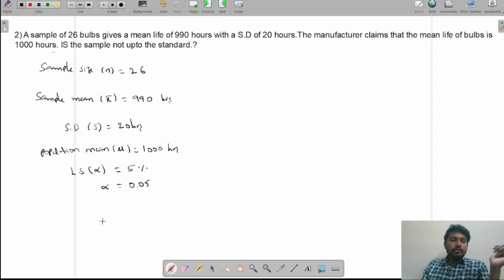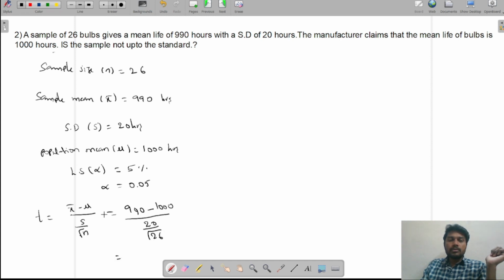Now come to the formula for the t distribution: t equal to x bar minus mu divided by s over root n. Substituting the values: 990 minus 1000 divided by 20 over the square root of 26.